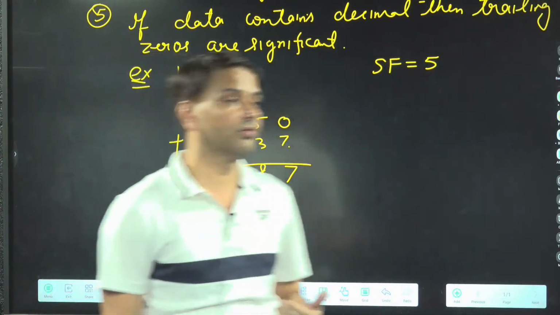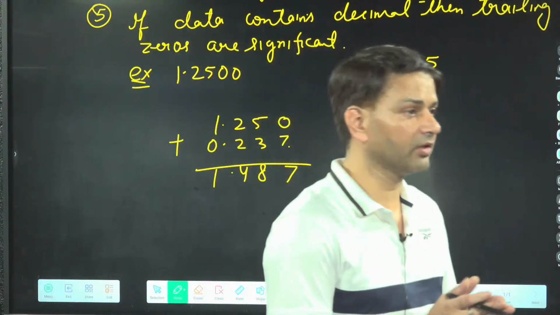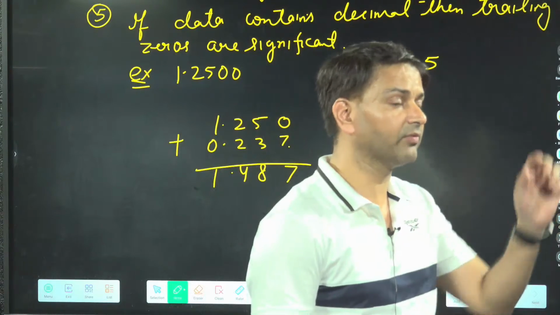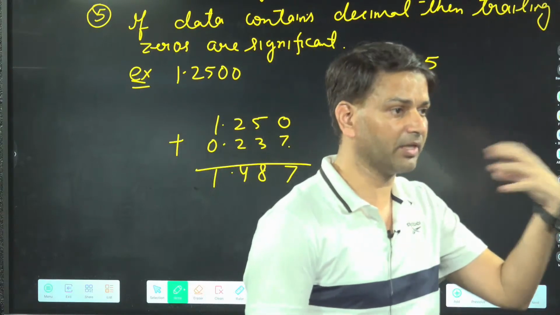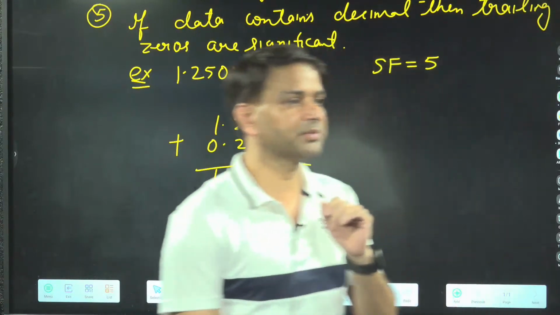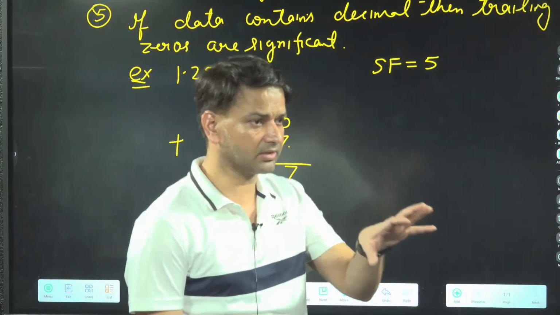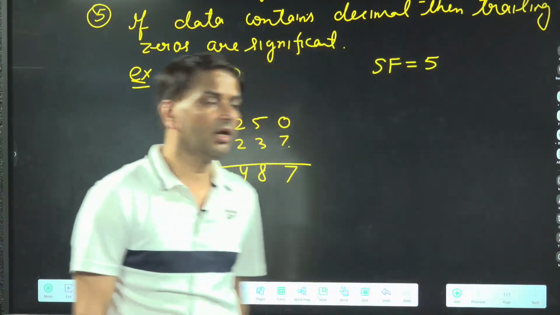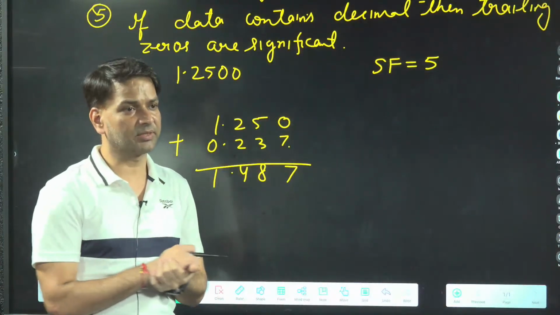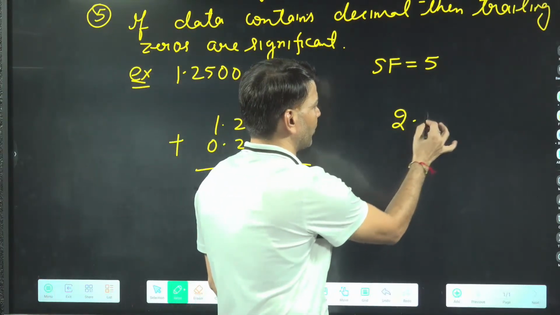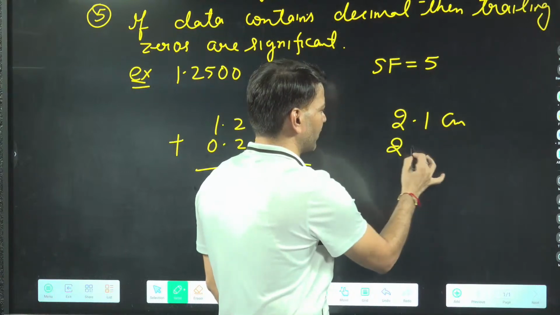Now, why? Significant figures we deal with not in any number, but mainly when the data comes from an experiment, an observation or an instrument. Like suppose I measured a length with a normal centimeter scale. You will say the length is 2.1 centimeter, or 2.5 centimeter.